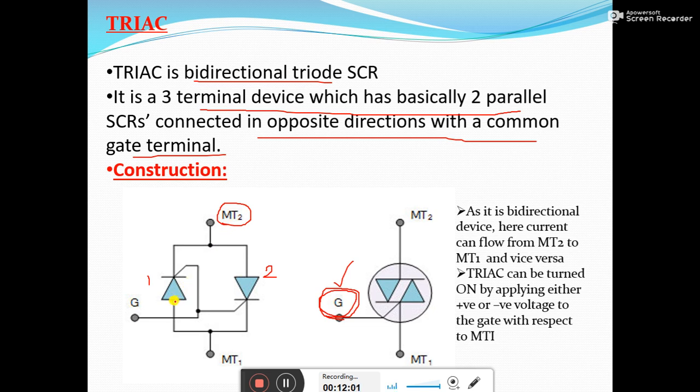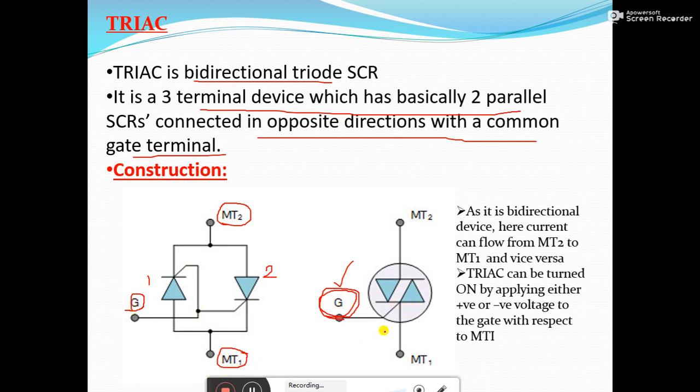The first SCR's anode and the second SCR's cathode are connected together, and another common terminal is taken, which is known as MT1. The gates of these two SCRs are shorted together, and a common terminal is taken out, which is known as gate. If you show the symbol, it looks like this.